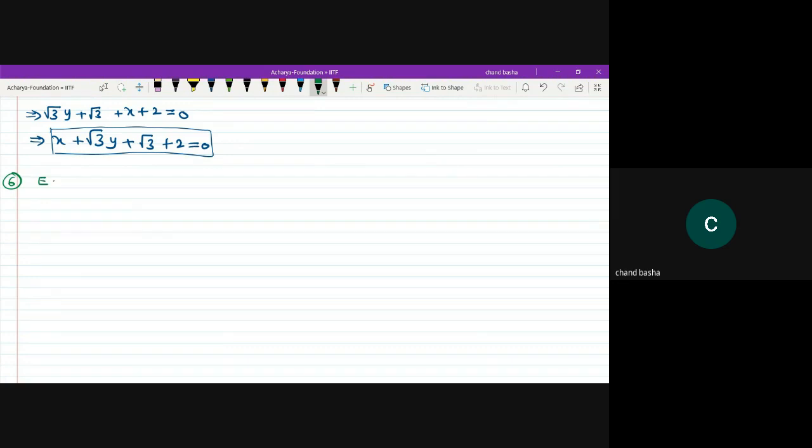Equation of line passing through a (x1, y1) and b (x2, y2).